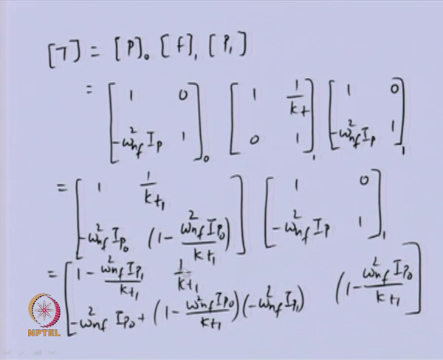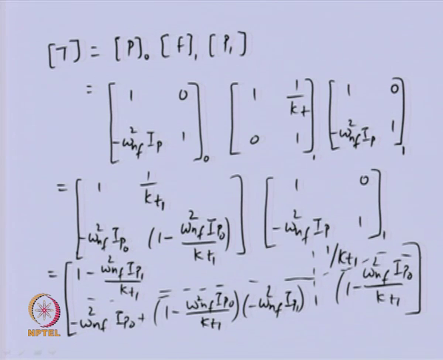Basically, we can shift this here so that it is more clear, 1 by KT1. So we have a 2 by 2 matrix. This is the division of the matrix, separation of the matrix.